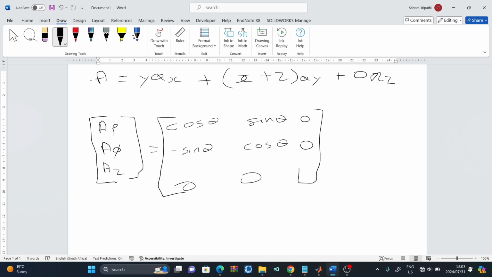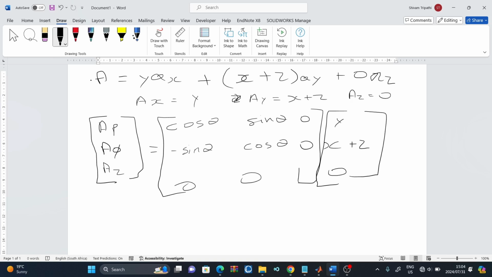Then we replace Ax with our A. In this case Ax will be y, Ay will equal x plus z, and Az will equal 0. So this will be y, x plus z, and 0. Now it's just simple matrix multiplication, which I believe you should know.